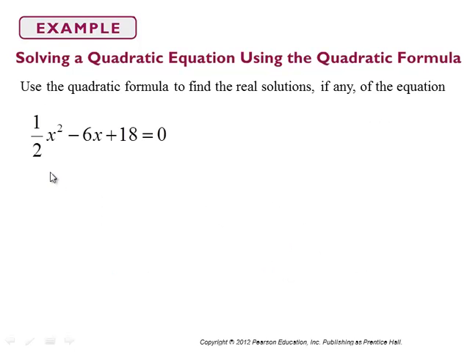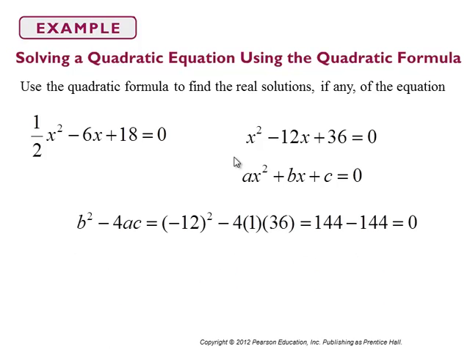Here's another example here. Notice that we have a fraction as our leading coefficient, but if you have a fraction as any coefficient, go ahead and multiply through by some number to neutralize any fractions. In this case, multiply through by 2, meaning multiply both sides of the equation by 2, which leads you to this one, and then identify A as 1, B as negative 12, and C as 36.